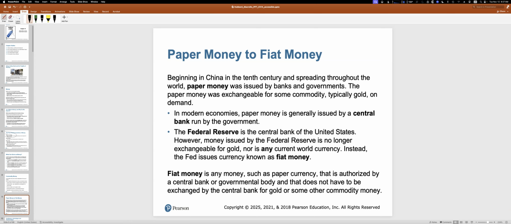So here we've got our definition of fiat money: any paper currency where the thing that gives it value is that it was authorized by the central bank as being the money. That's the fiat part. Fiat just means law. So really the value of the dollar comes from when you look at the dollar and it says, this note is legal tender for all debts, public and private. That series of words right there is what gives money its value.